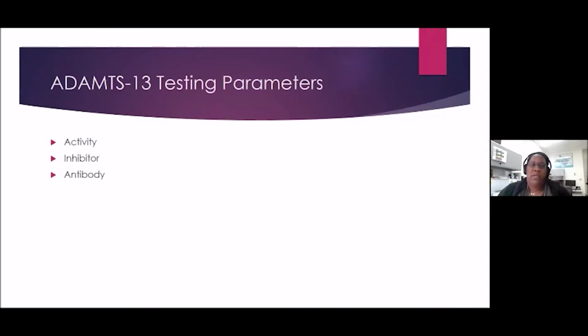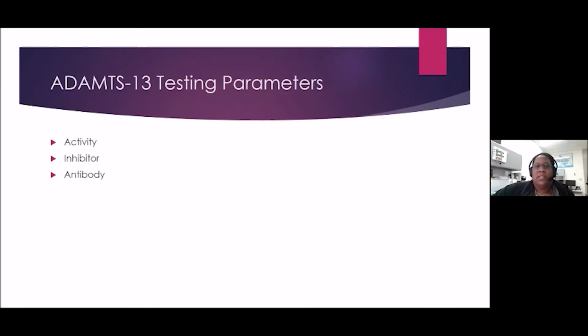So there are a few things that have come about in the last about 20 years, and this is ADAMTS13 testing, and there are 3 things that we look for. Generally, when we send out testing for ADAMTS13, we will want the activity to see how well it's working, and we will say reflex to inhibitor antibody.